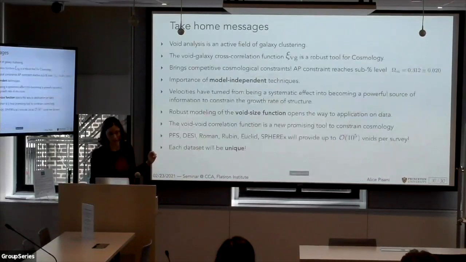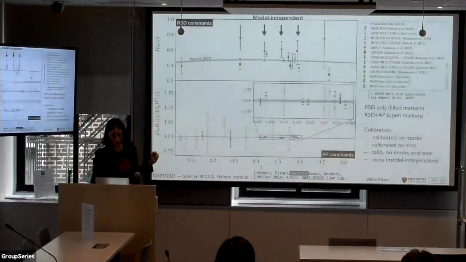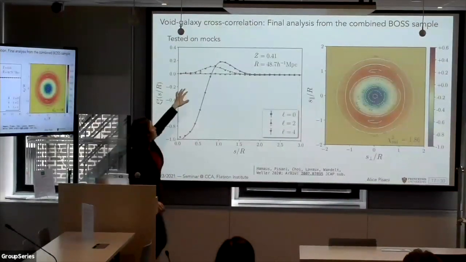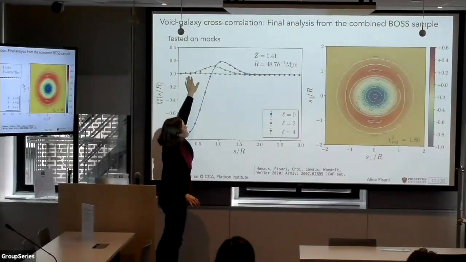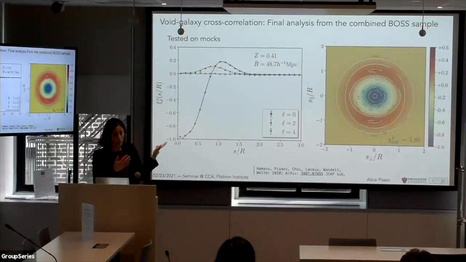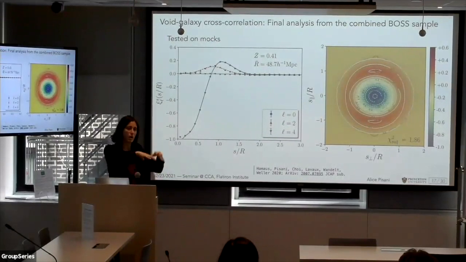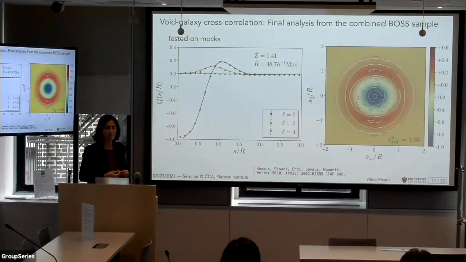If you look at the results that we had before here, you can see what we expect. The linear model will predict for velocities a flat hexadecapole, and this is really what we see. So actually we are using all the information here, because for the voids that we define for the void-galaxy cross-correlation function, we do not impose sphericity at any point.